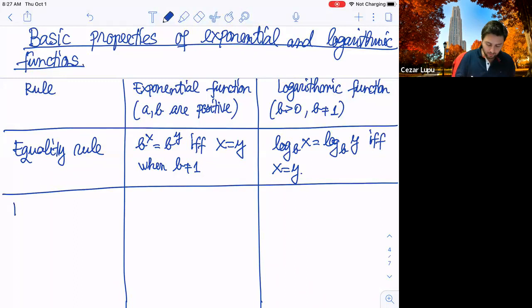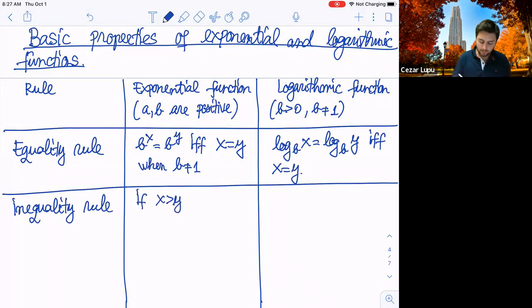Now let's see what happens for the inequality rule. For example, if X is greater than Y, then B to the X will be greater than B to the Y. In other words, the function is increasing for B greater than 1.